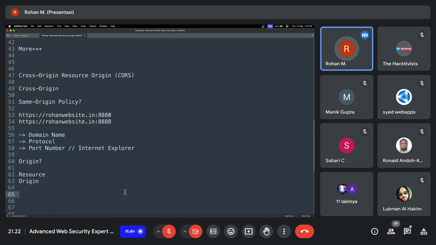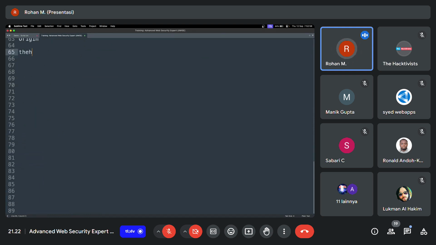So what happens in cross origin resource sharing? Let's say you are at the hacktivist.in and you want to access a response or a resource from Rohan website.in. So now what will happen?